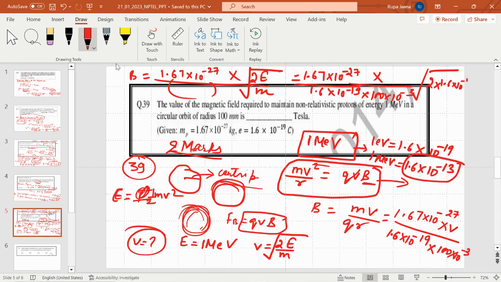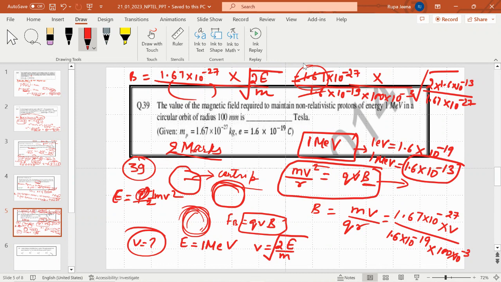1.6 into 10 raised to the power minus 13 upon m, which is 1.67 into 10 raised to the power minus 27. Now you can round it off to 1.6. I'm doing it this way just to show you. It will go above, minus 13 minus 27, so it is minus 7.